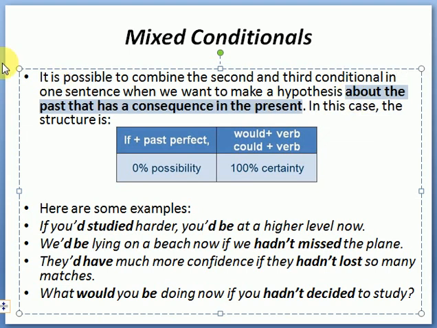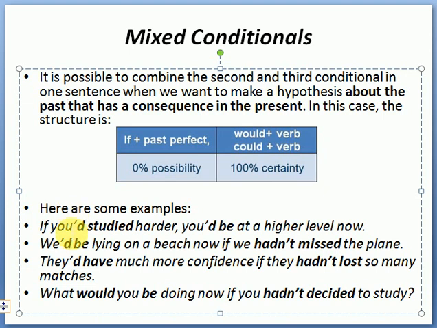This discusses the action in the past and its consequences in the present, whereas the third conditional, we have seen, talks about actions in the past as well as their consequences in the past tense. Its structure is also different from both the second and the third conditional, because it uses the past perfect tense in the if clause, whereas the main clause uses the modal auxiliary plus verb. This is not the case in either the second or the third conditional.